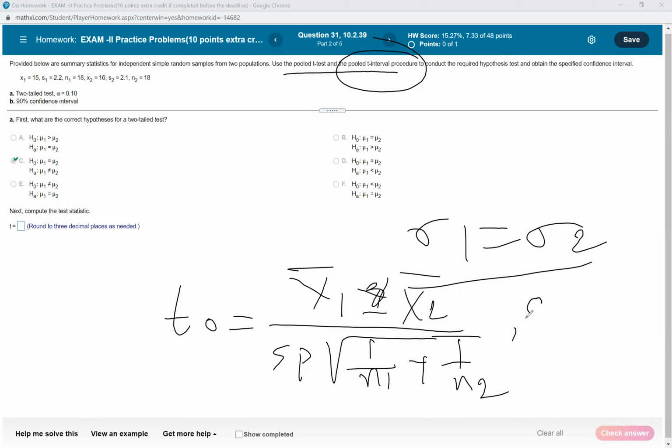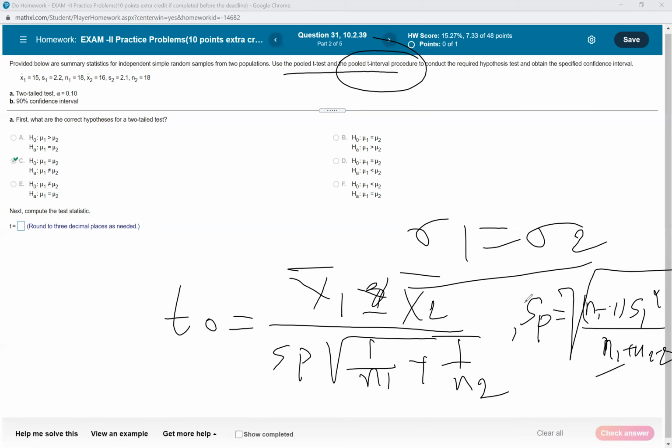So what is sp? sp is the pooled standard deviation, which is the square root of n1 minus 1 times s1 square plus n2 minus 1 times s2 square divided by n1 plus n2 minus 2.